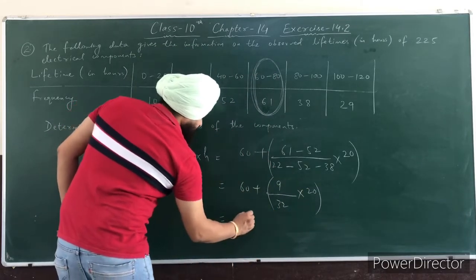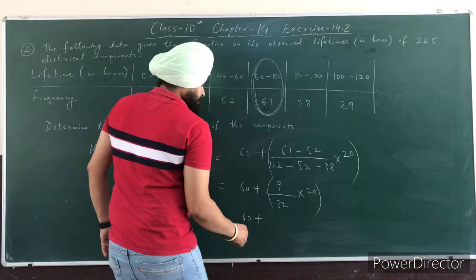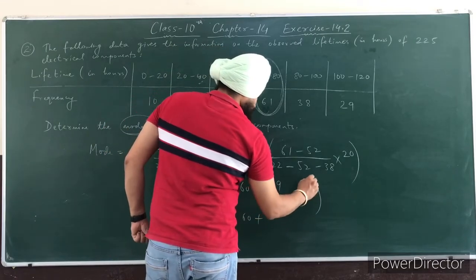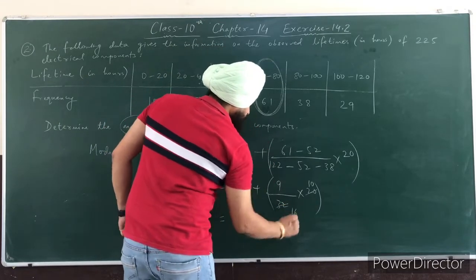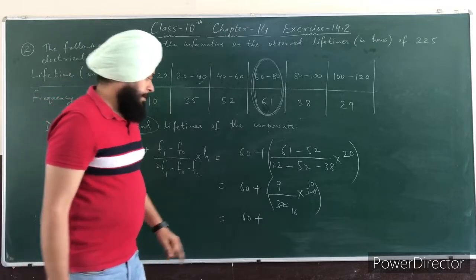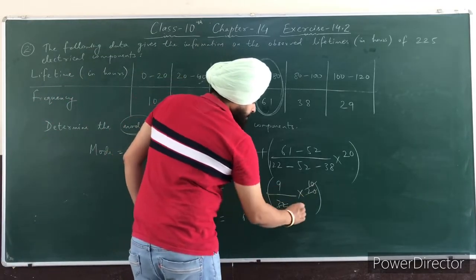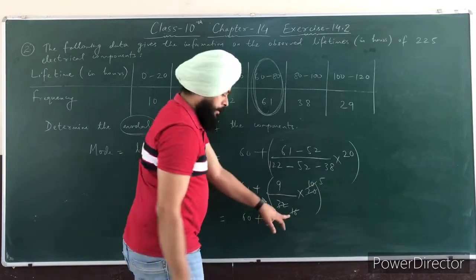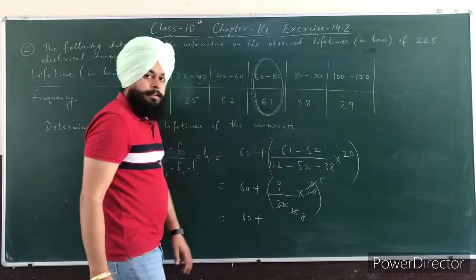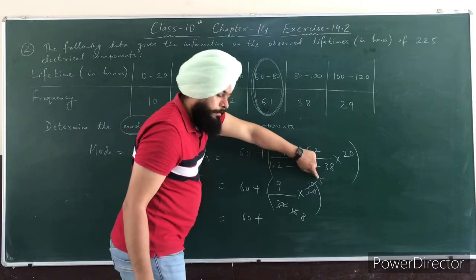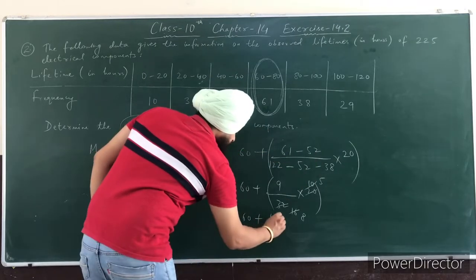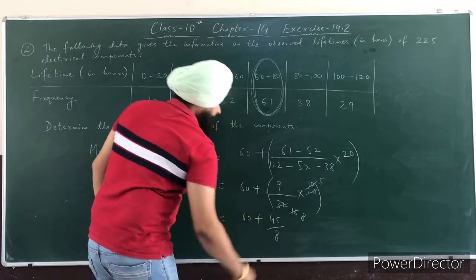Now it is 60 plus. 2 times are 20 and 2 16s are 32. Now 9 times, you can also cancel it further. 2 5s are 10 and 2 8s are 16. So it is 9 into 5. 9 5s are 45 divided by 8.